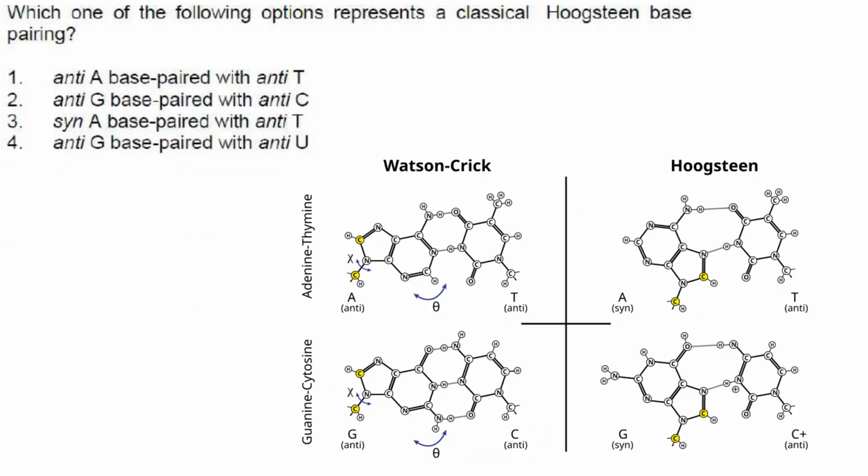Then next one. Which of the following options represent a classical Hoogsteen base pairing? So this is the normal Watson-Crick base pairing: anti-A, anti-T, anti-G, anti-C.